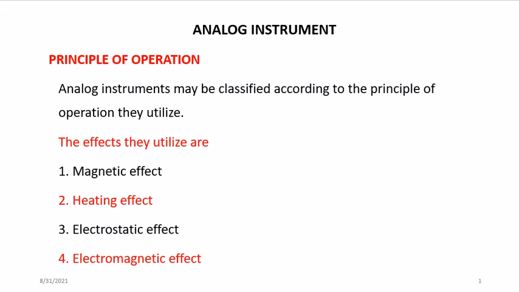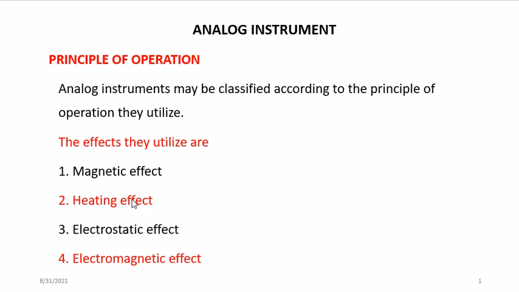So these analog instruments are also classified into different classes depending on the principle of their operation. These principles may depend on the magnetic effect that takes the reading and displays it in analog form.